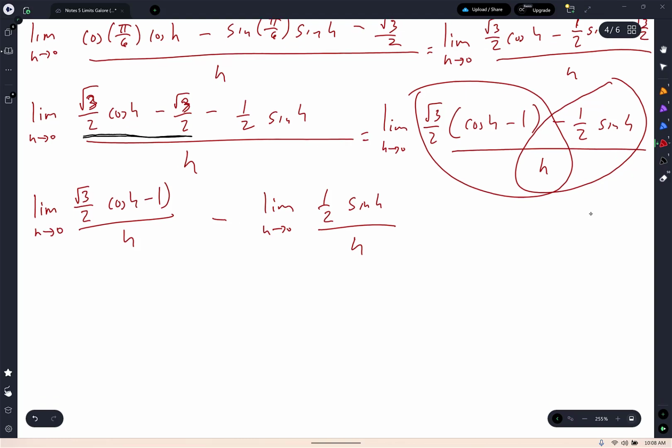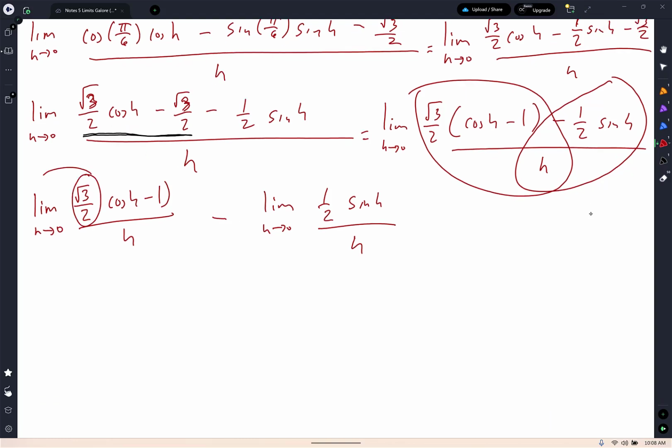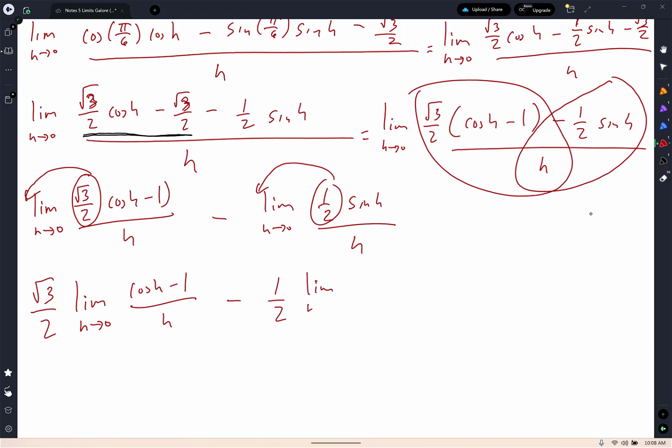Properties of limits. I can bring this guy to the front. Same thing with that half. So I'm going to have square root of 3 over 2 limit as h approaches 0 of cosine h minus 1 over h, minus 1/2 limit as h approaches 0 sine h over h.